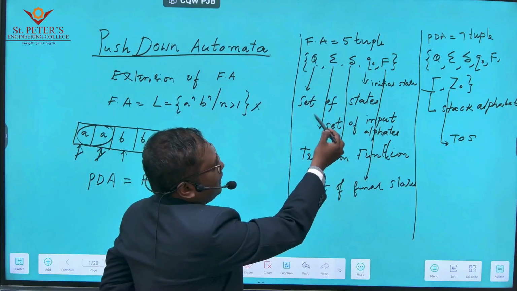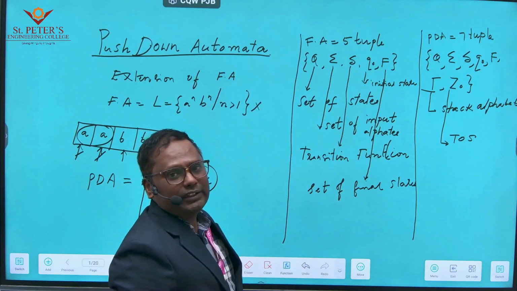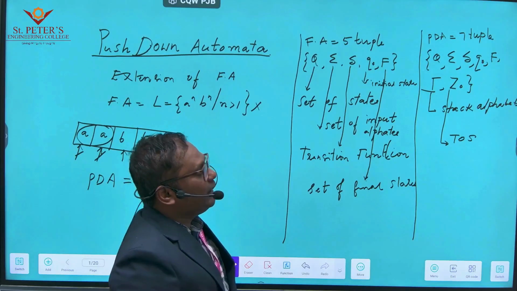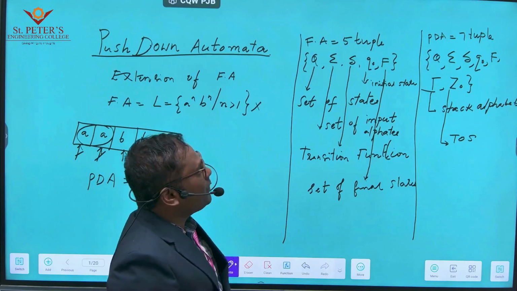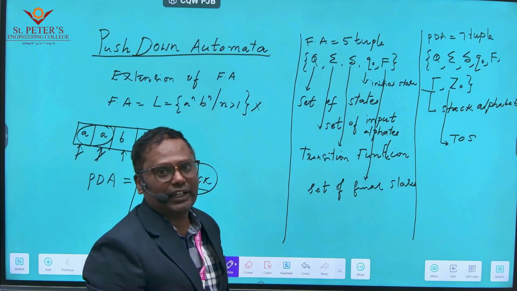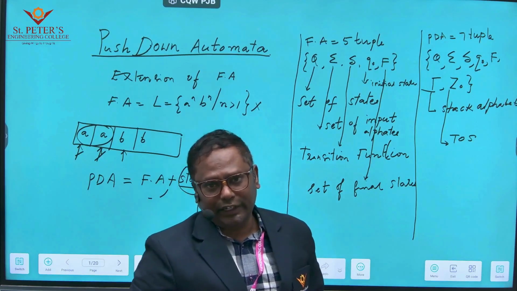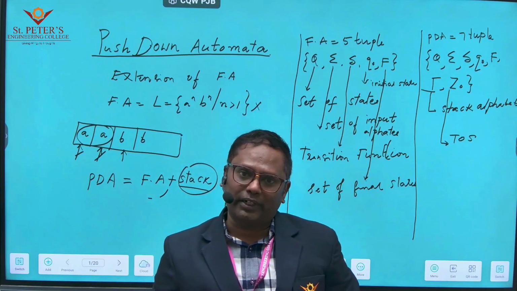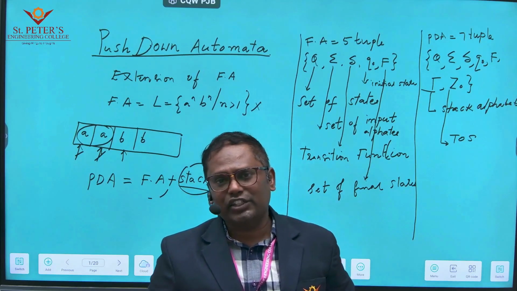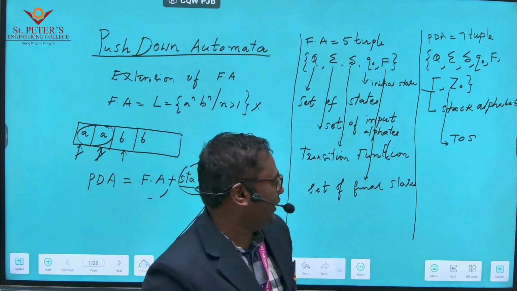Q indicates the set of states, sigma indicates the set of input symbols, delta indicates the transition function, Q0 indicates the initial state, and F indicates the set of final states. Whether it is a finite automata or a pushdown automata, there should be a single initial state and any number of final states.